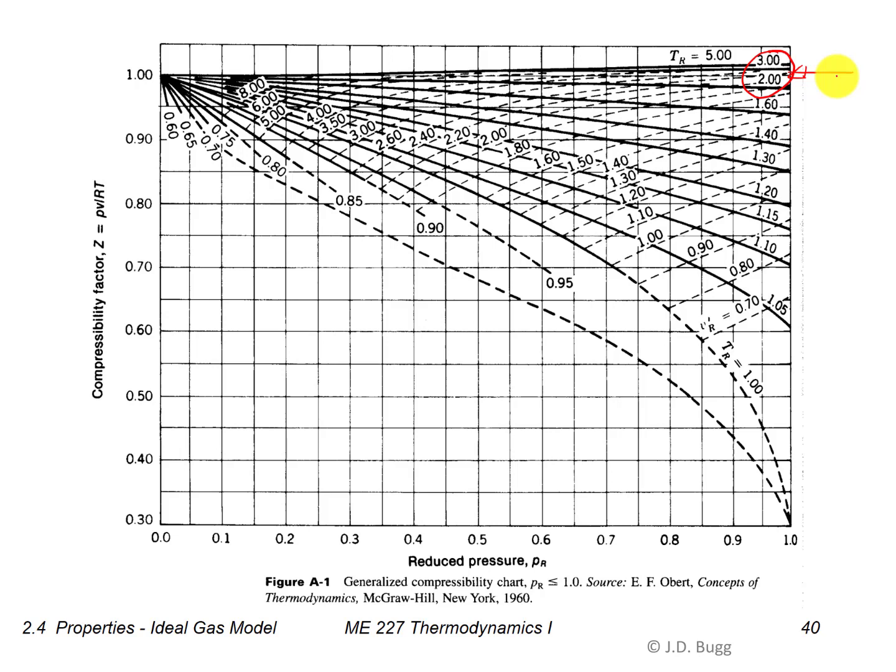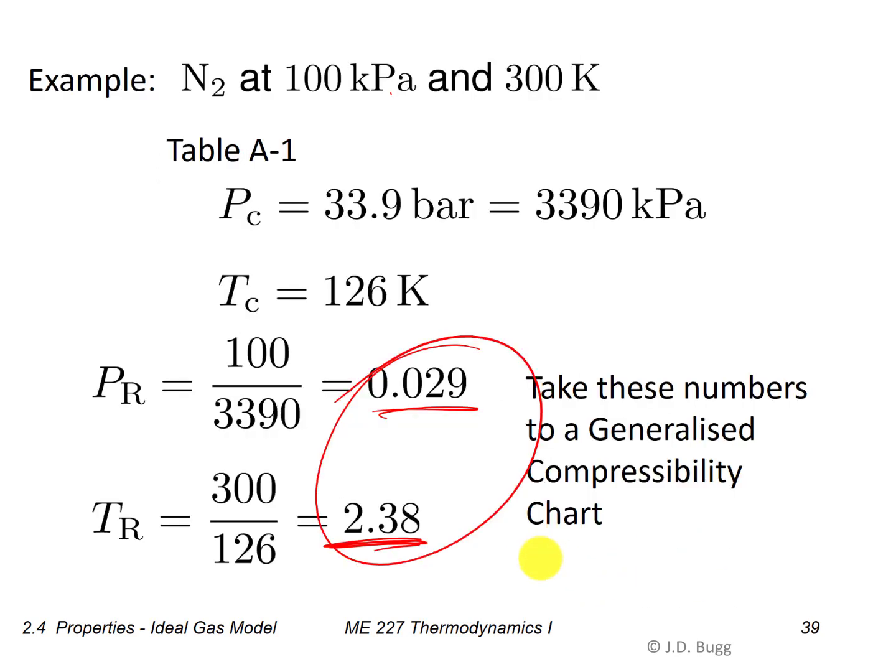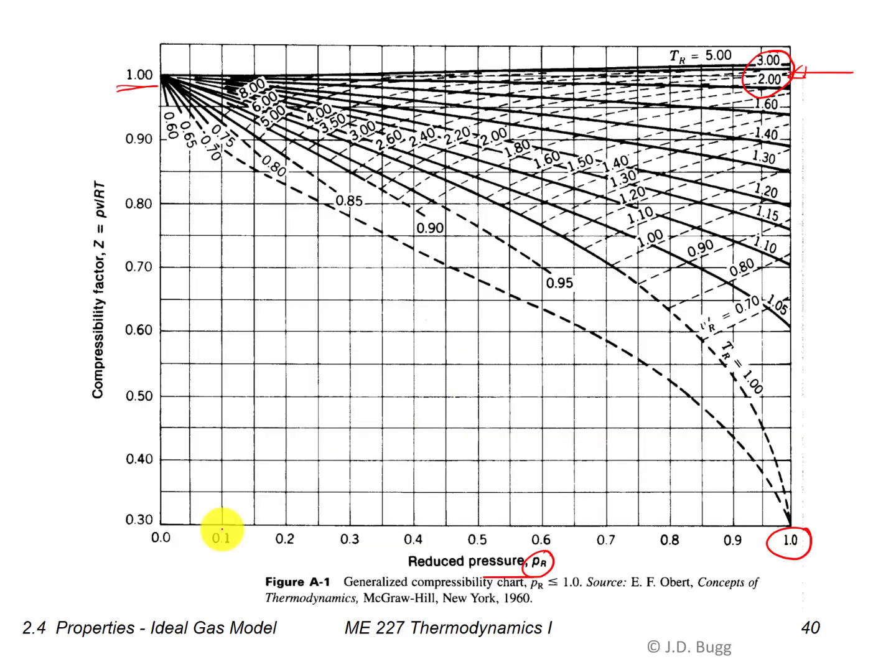But we can tell right away that even up to a reduced pressure of 1, we're going to be very close to an ideal gas, because both 2 and 3 are quite close to a Z value of 1. Not only that, but the actual value of reduced pressure we're looking at, 0.03, we'll call that. Well, that's 0.1, this would be 0.05, so 0.03 is about here.